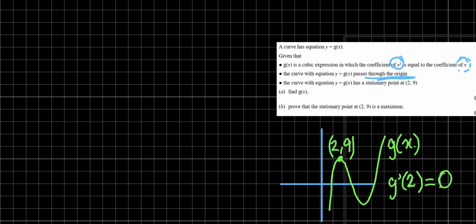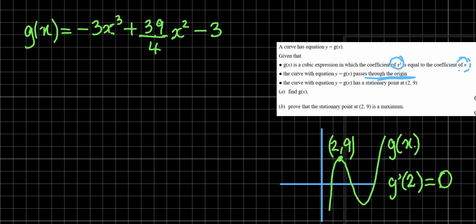So the equation of the curve was g of x is minus 3x cubed plus 39 over 4 x squared minus 3x.